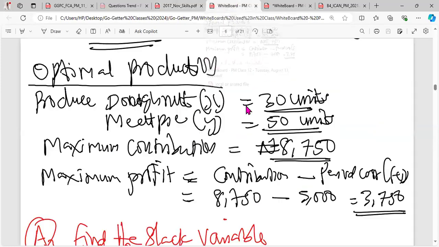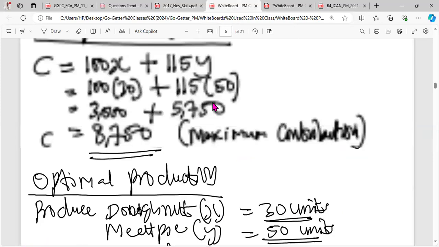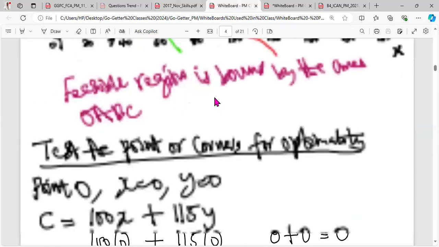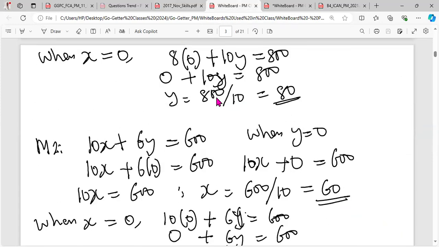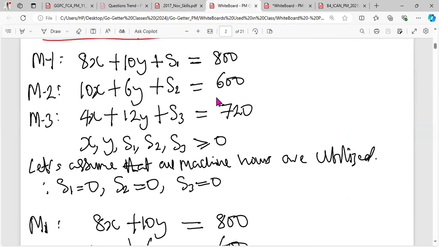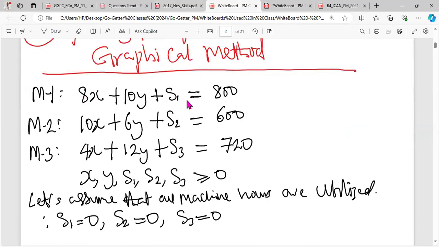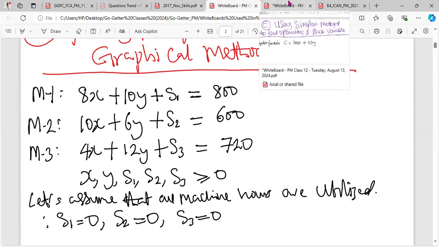Then the next thing I'll be looking at is this same thing here. This is the same thing we want to do. So we have 8x, 10y, s1, 800.